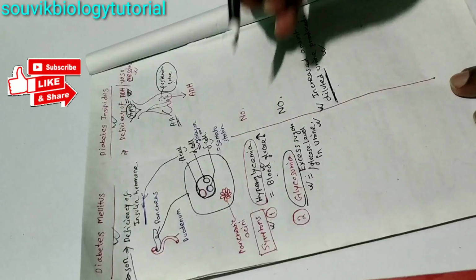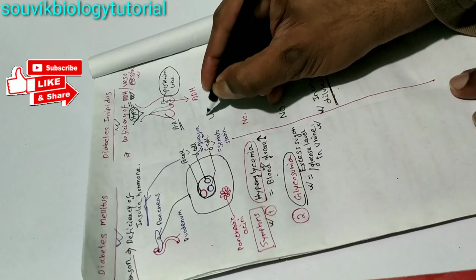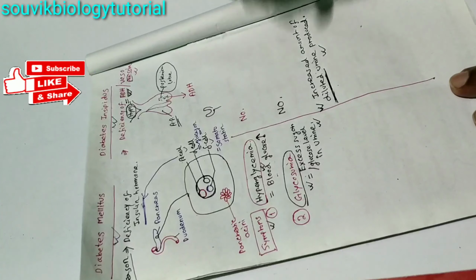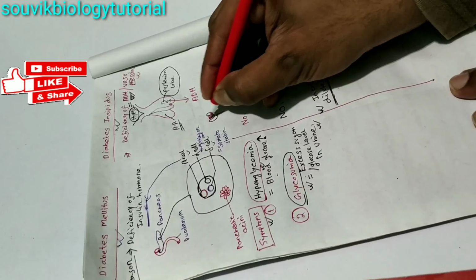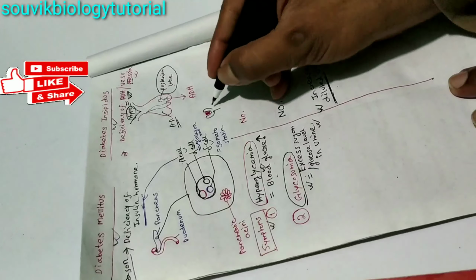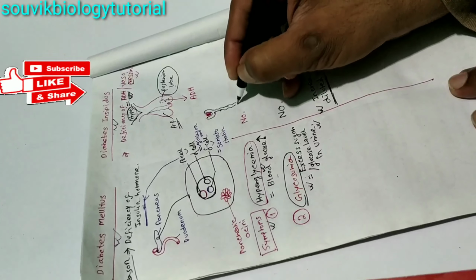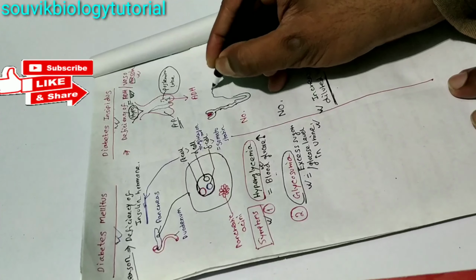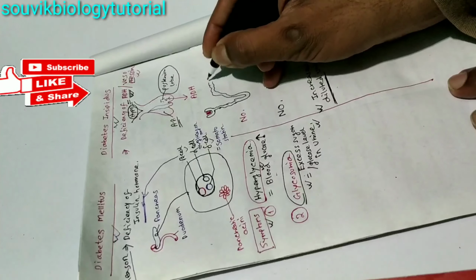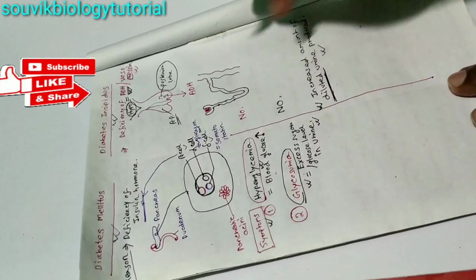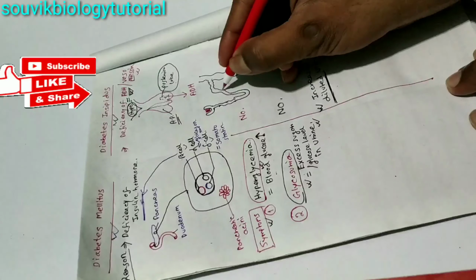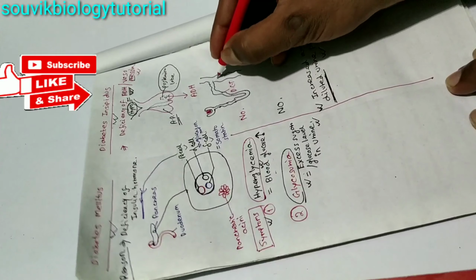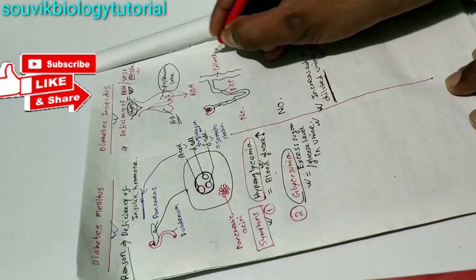I am making here a diagram for better understanding. This is the schematic diagram, right? Suppose this is the Bowman capsule. This red one is the glomerulus. Next, the proximal convoluted tubule. Then this is Henle's loop. This is the distal convoluted tubule, and this is the collecting duct.